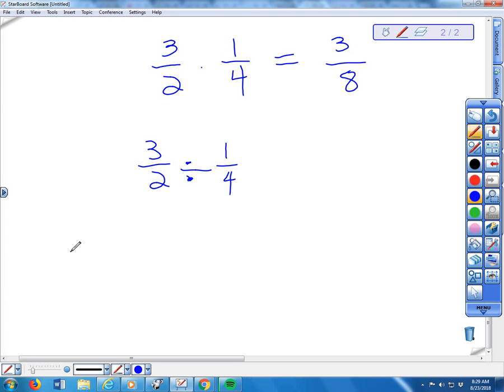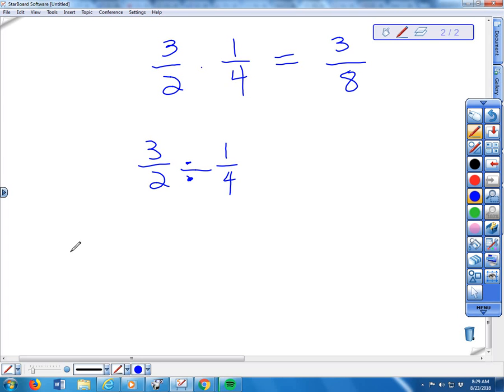Okay? Division of fractions. I want this to be a mantra. When I divide by a fraction, I multiply by its reciprocal. So let's back up. What does reciprocal mean? It's flipped around. Every time you hear the word reciprocal, think flip.